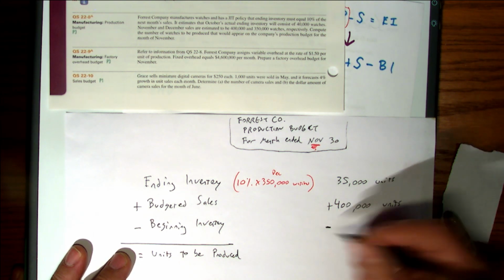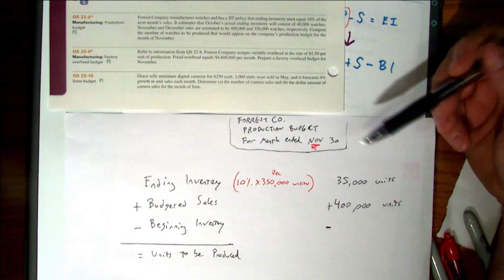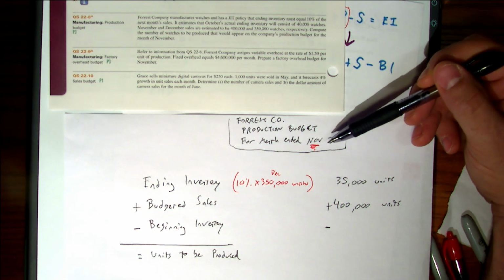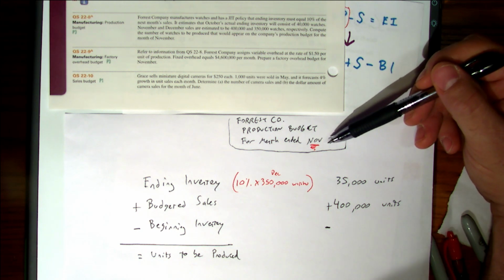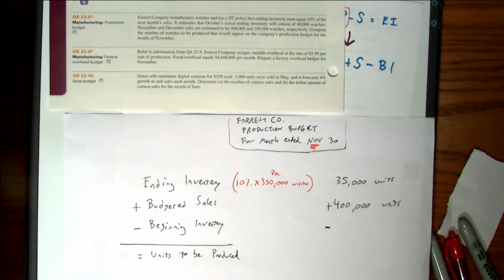Now, this is where what I was saying should really have been stated. It's important for us to know that November's beginning inventory was October's ending inventory, correct? And October's ending inventory should have been 10% of the next month's sales, which is November.